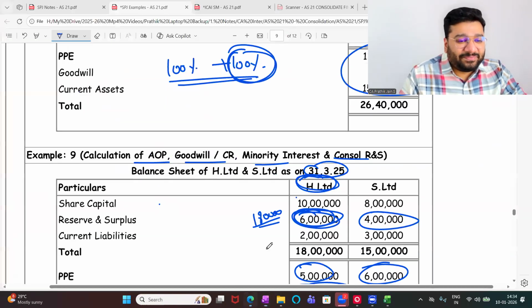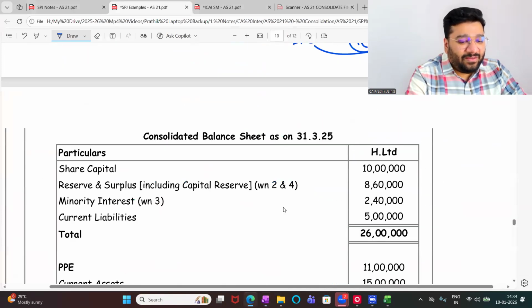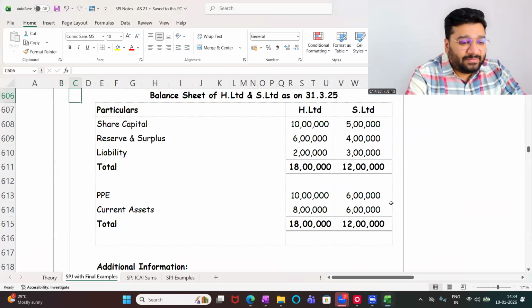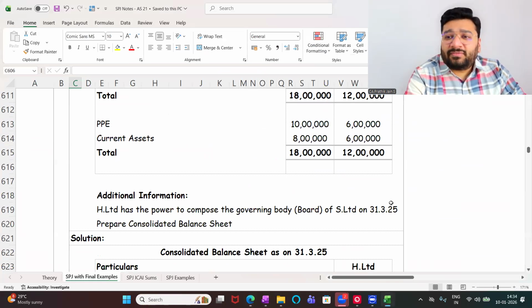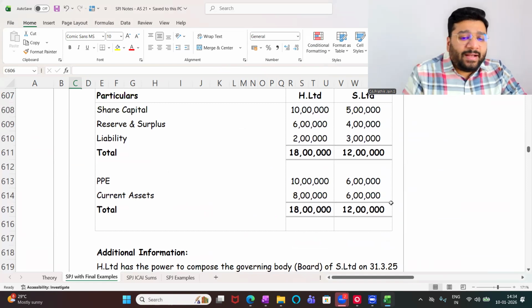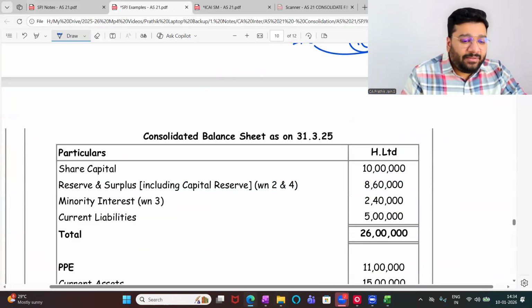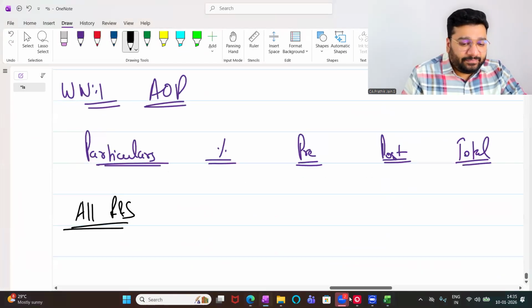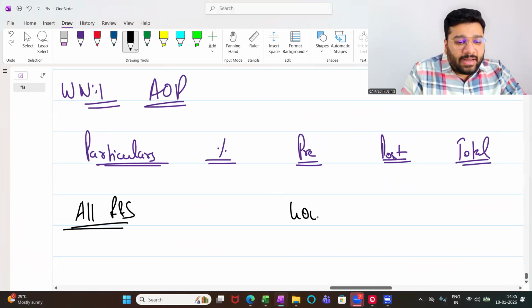How much? Date of acquisition, 31st March 25. Date of balance sheet, 31st March 25. Post will not come. So the entire 4 lakh is pre. Four lakh, 4 lakh.